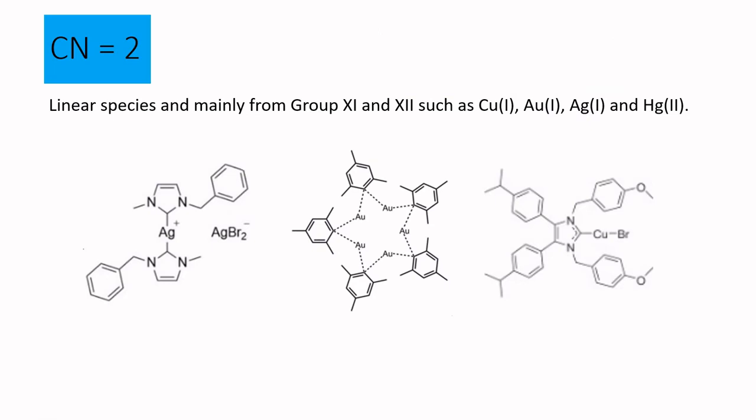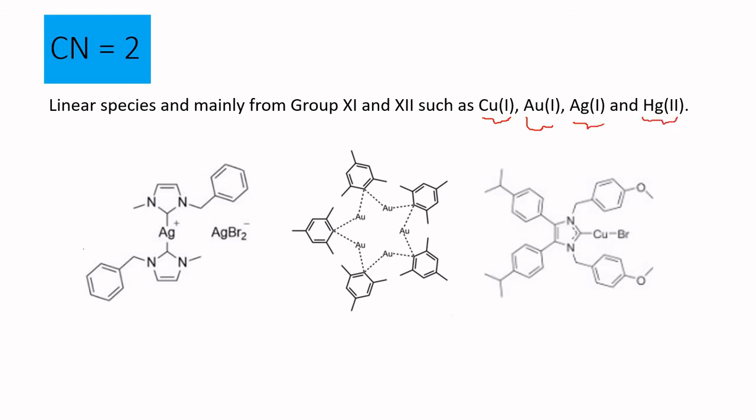Okay, now let's take a look at complexes with coordination number of 2. Coordination number of 2 usually gives you linear complexes, and the metals are mainly from group 6 and 7, such as copper 1, gold 1, silver 1, and mercury 2.